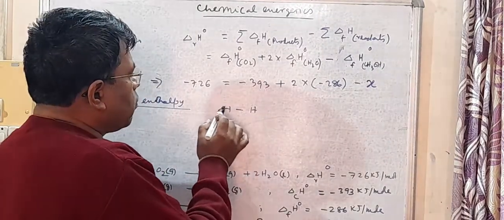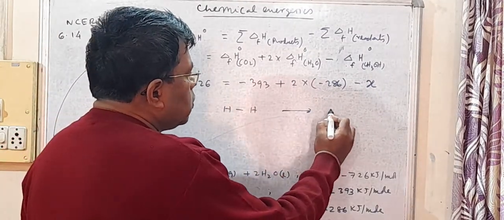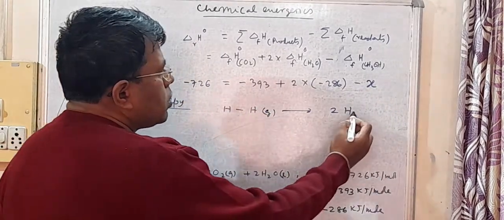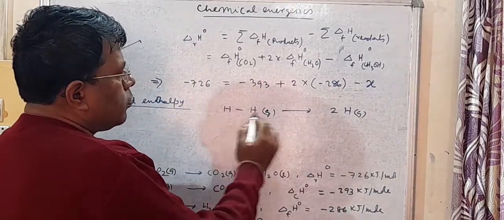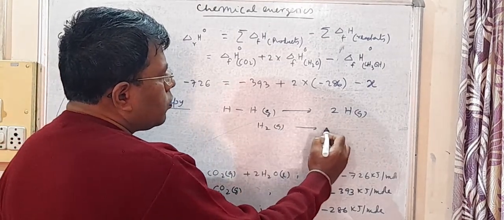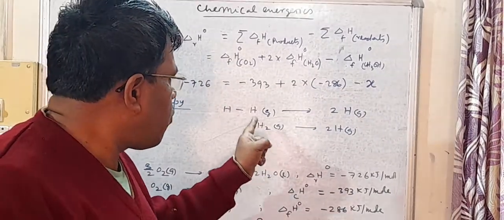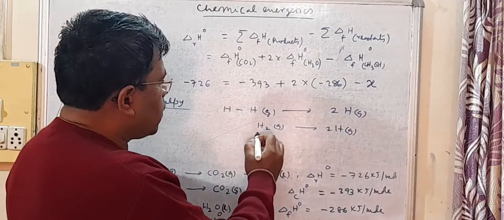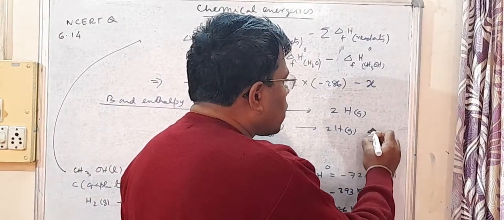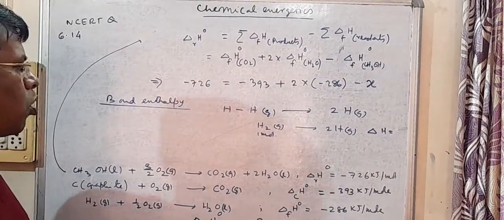So for the process that we can write is H gaseous, arrow, H gaseous. Suppose if I give it is gaseous, it is also gaseous. This process we can write also like H2 gaseous, arrow 2H gaseous. So you see 1 mole of bond is being broken, and the corresponding enthalpy change will be called bond enthalpy.